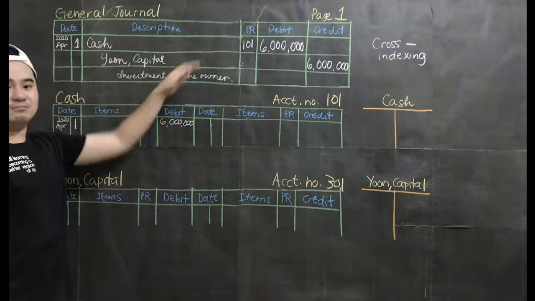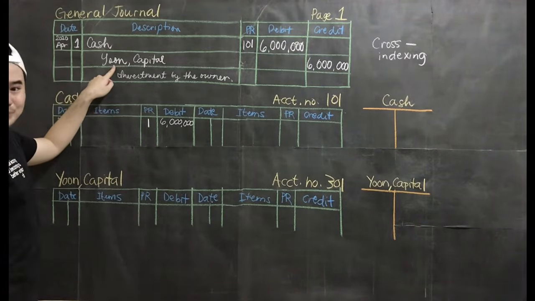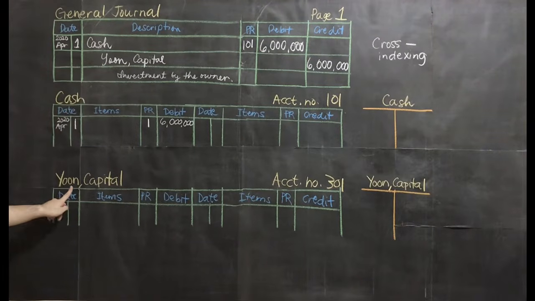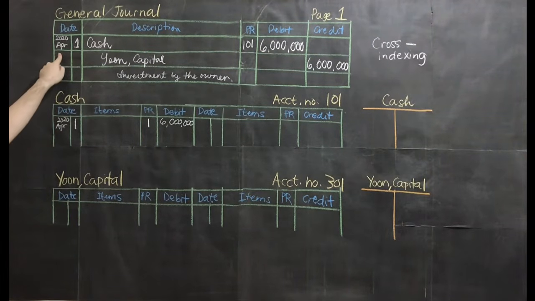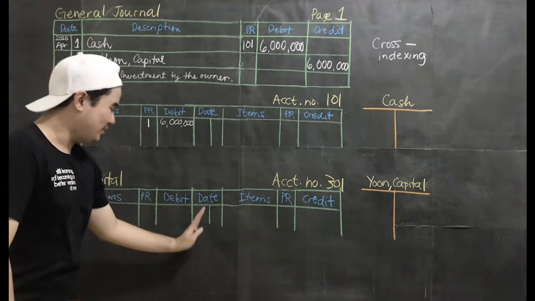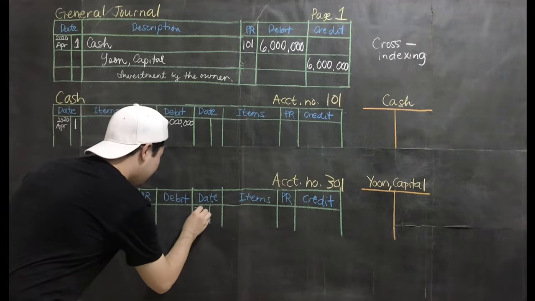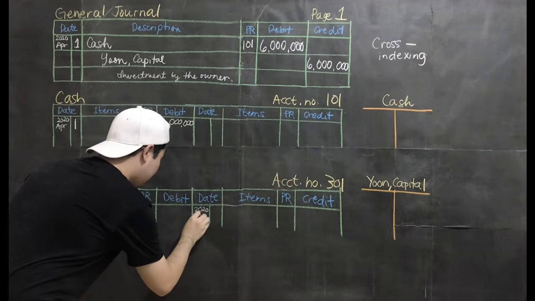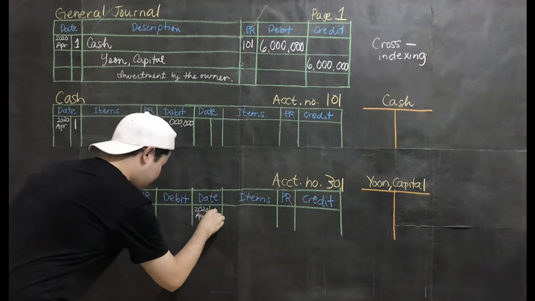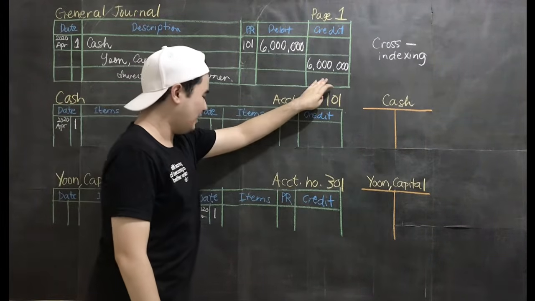Tapos na tayo sa debit, gawin natin yung credit. Yun capital. E di syempre, saan ka pupunta? Sa yun capital. Lalagay din natin yung date. Pero, tingnan mabuti, nasa credit. So, sa credit tayo maglalagay ng date. Tapos, youth capital, credit 6 million.